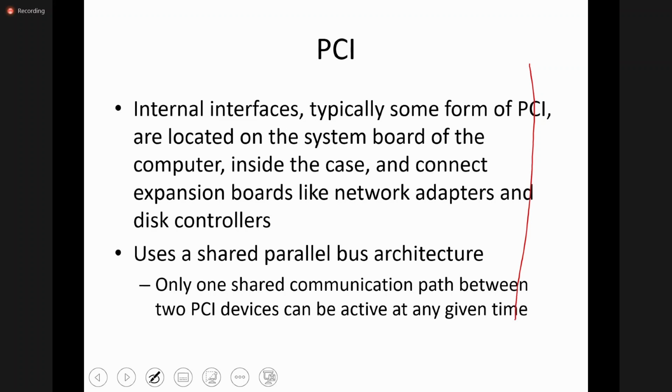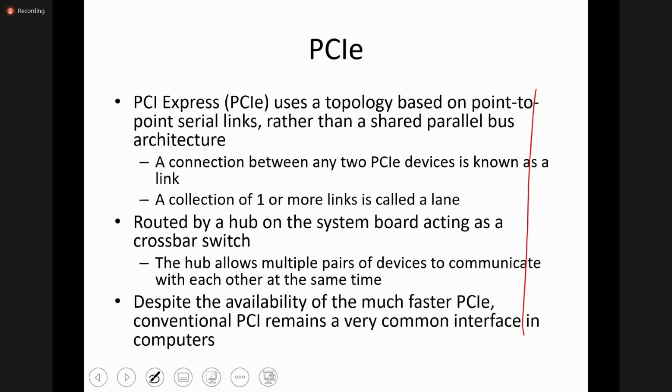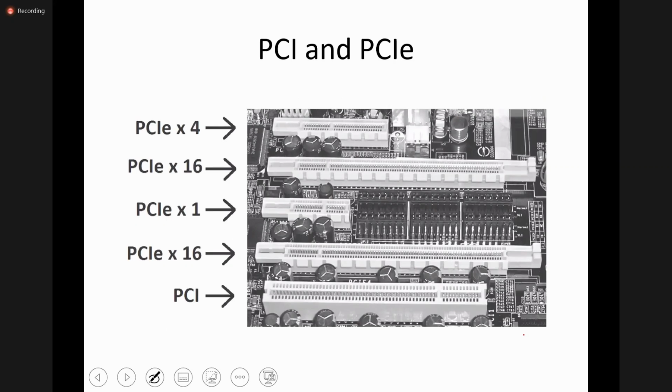We will skip, not to skip, we will take this slide and this slide by watching the YouTube sketch, which will give us a clear definition and comparison between PCI and PCI Express.